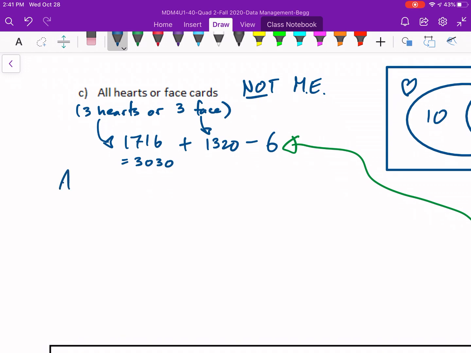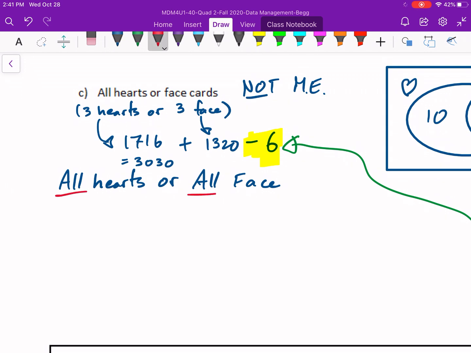That would be a clearer way of writing it, all hearts or all face. But the key for this one is understanding that because they're not mutually exclusive, I absolutely have to subtract the overlap.